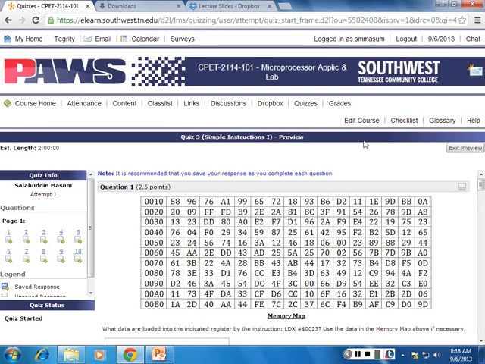Now what are you going to load? You have to load 2 bytes. So you'll be loading 2D and the next byte, which is 40, automatically, because you will be taking 2 bytes starting from that byte. So your answer will be 2D 40.